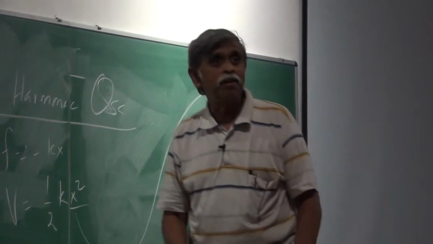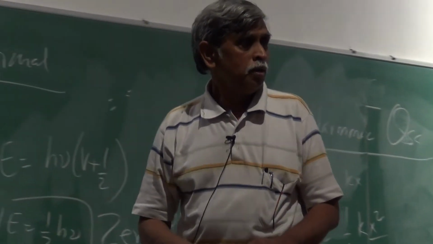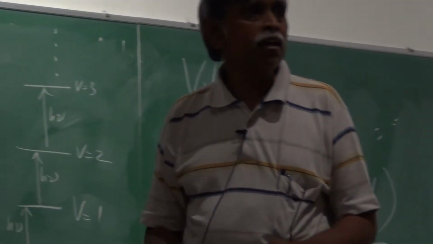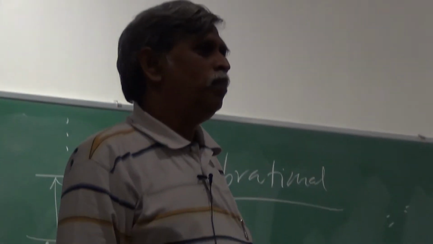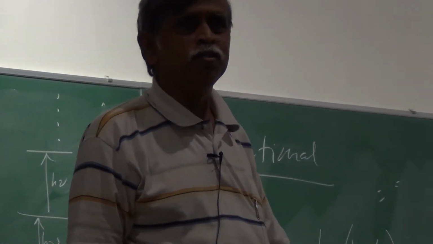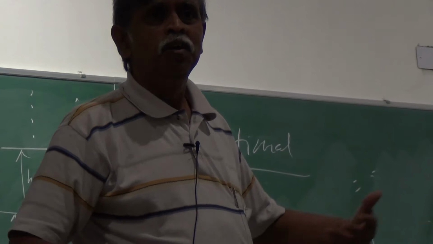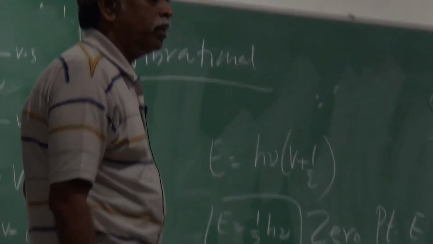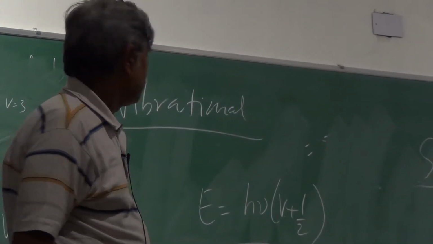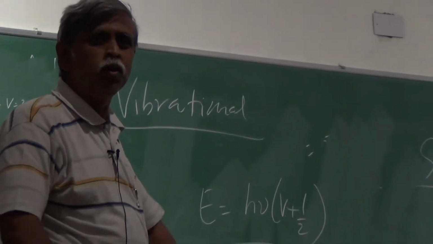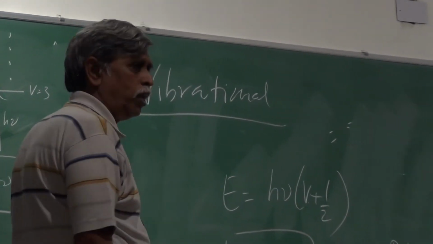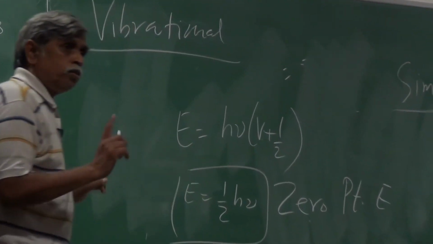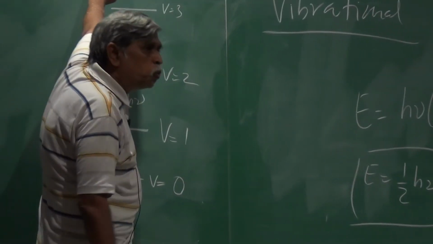But again, that's true only for a simple harmonic oscillator. Keep nailing that in your mind, because a couple of days later I'm going to come back and tell you it's only for a simple harmonic oscillator. For a real oscillator, it is not the case, just like we said for the rigid rotor. We're going to come back and correct ourselves at some point, saying that this equally spaced stuff is only good for a simple harmonic oscillator. But if the oscillator is simple harmonic, this is true.